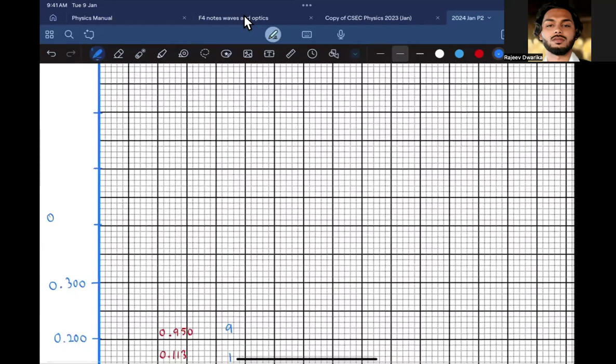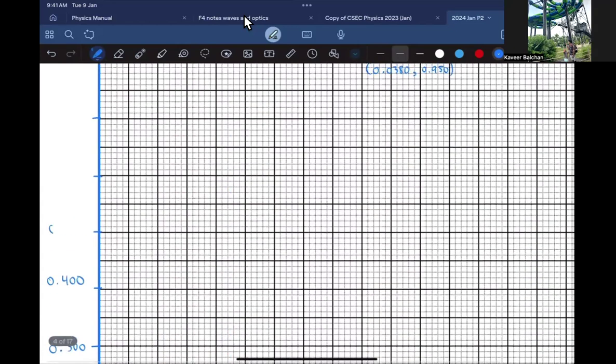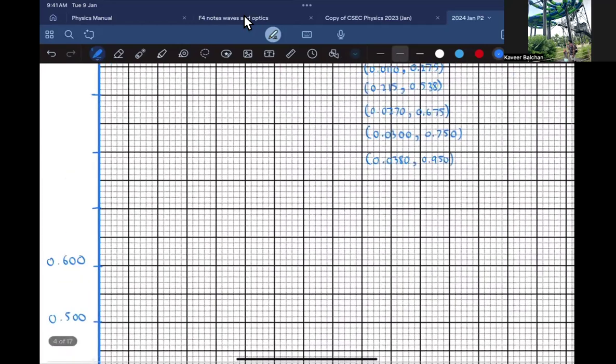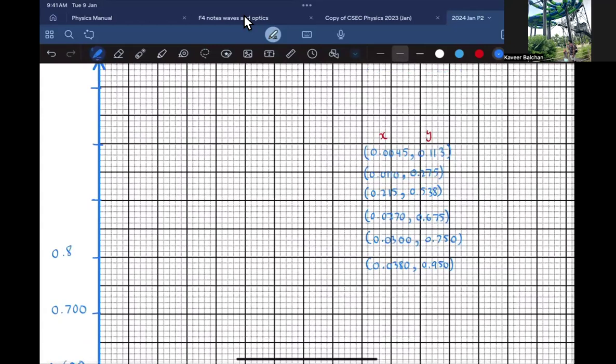This one will be 0.400, 0.500, 0.600, 0.700, 0.800, 0.900. What do you think is after 0.900?